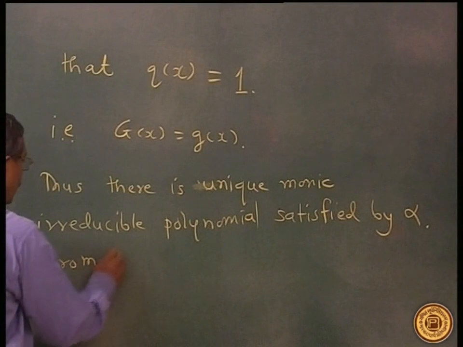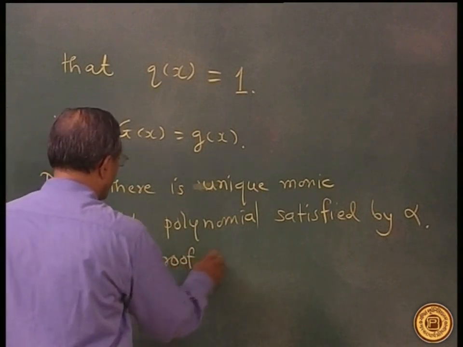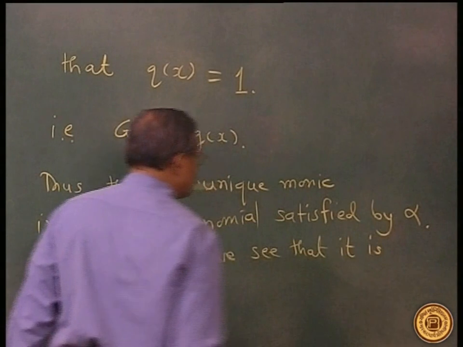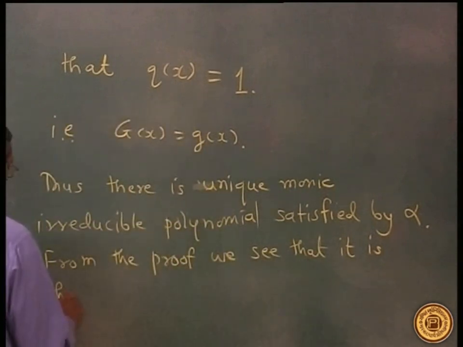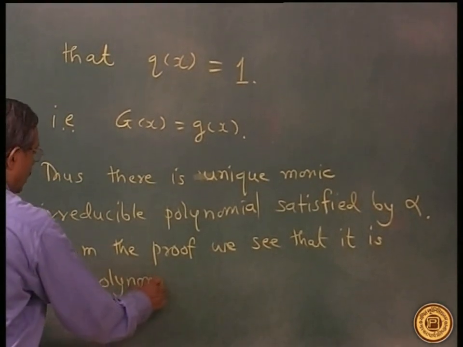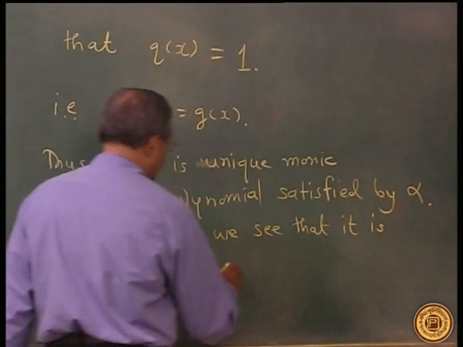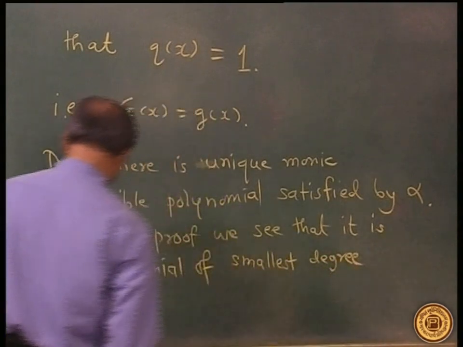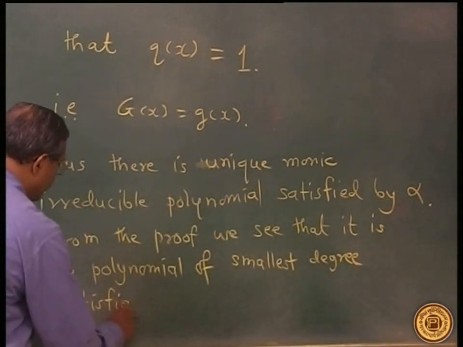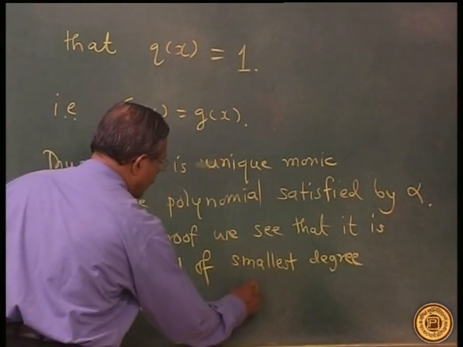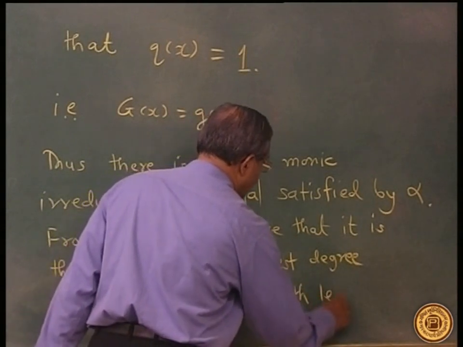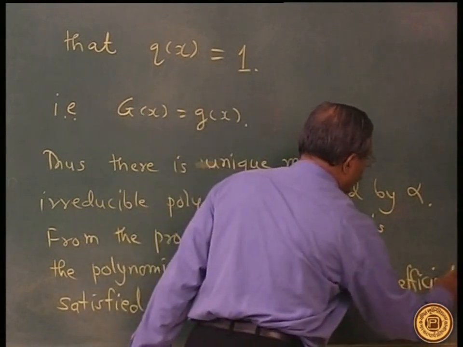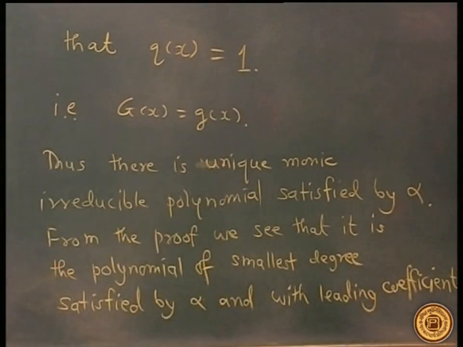From the proof, we see that it is the polynomial of smallest degree satisfied by alpha and with leading coefficient one. Leading coefficient 1, that is, it's a monic polynomial.